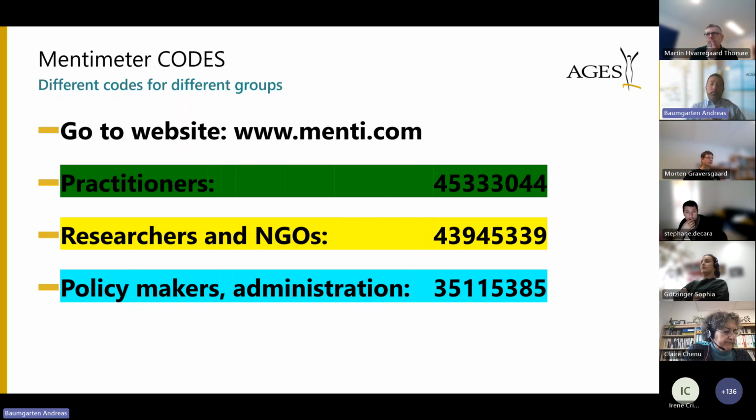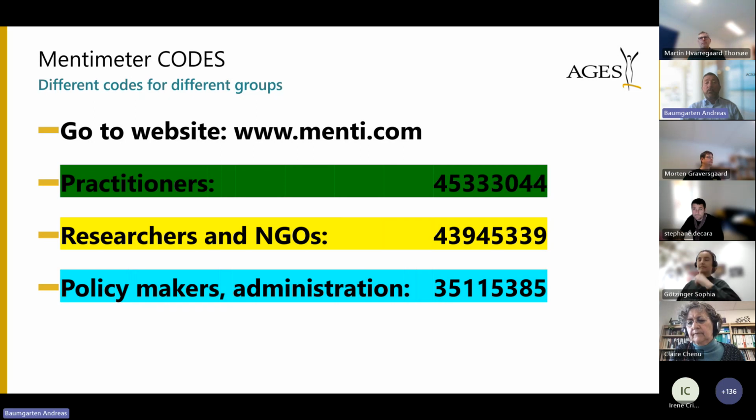I would ask you to take the first code, the green one. And then if you are a researcher or if you are a representative of an NGO, then you take the yellow code. And if you are a policymaker or if you are working in the administration, then you take the blue code.